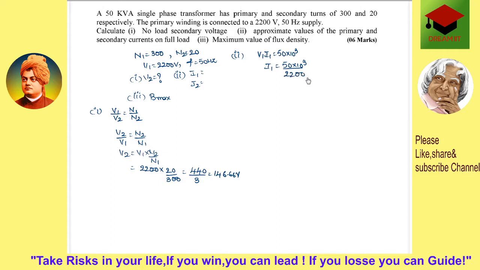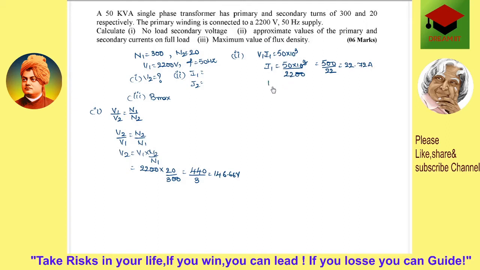Let us cancel this 2 and here 2 also. You have 500 divided by 22, that is the current here. The final answer is 22.72 amperes. That is the primary current.